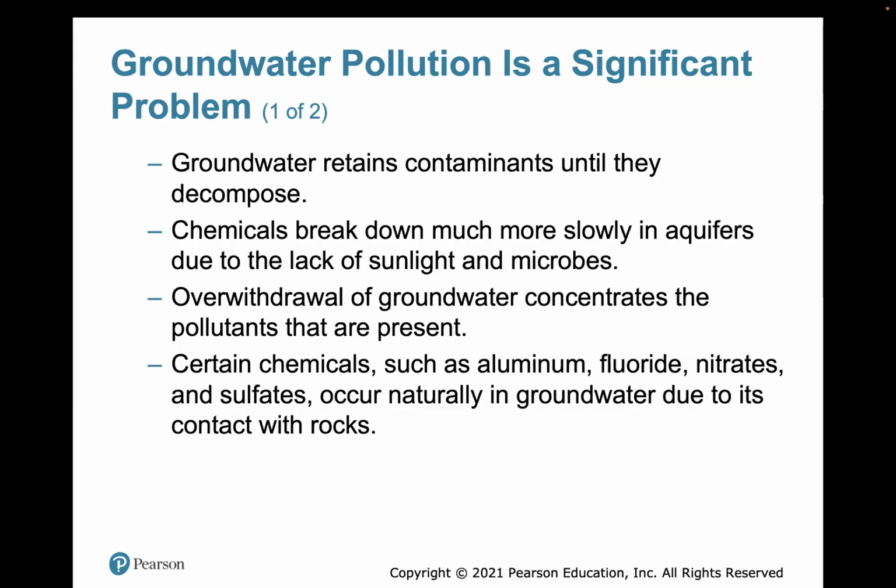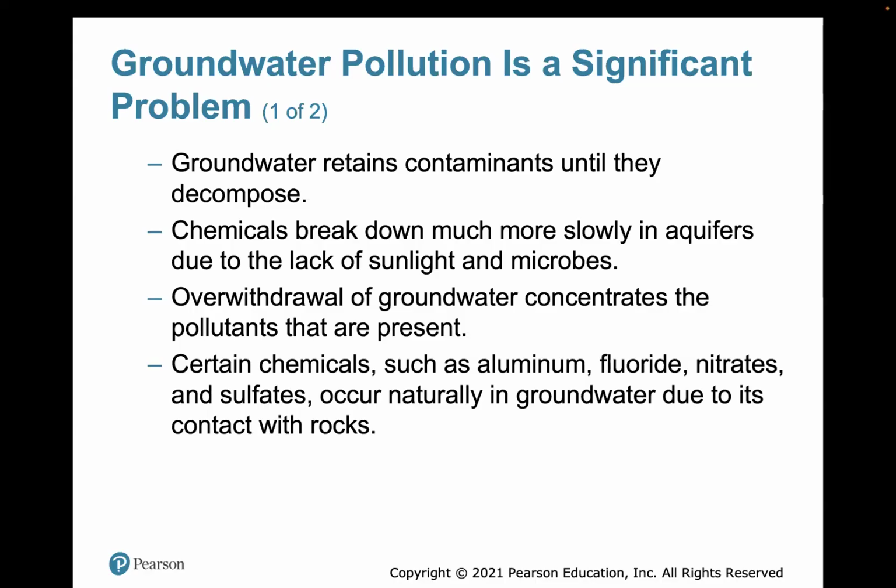Chemicals that are toxic at high concentration, for example aluminum, fluoride, and nitrates, also occur naturally in groundwater, but groundwater pollution results from industrial, agricultural, and urban waste, such as heavy metals and petroleum products, that can leach through soil and seep into aquifers.